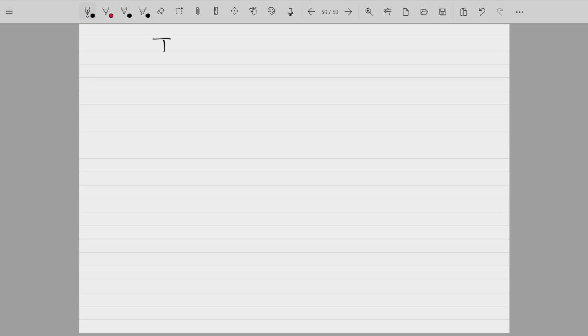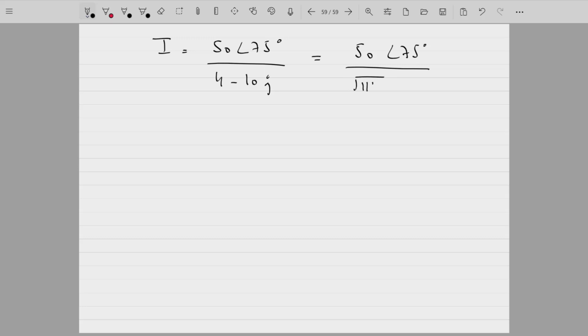अगर आपके पास कैलकुलेटर नहीं होगा, 50 एंगल 75 नीचे 4 माइनस 10j, इसका r is under root of 4 square plus 10 square, that is under root of 116, that is r.